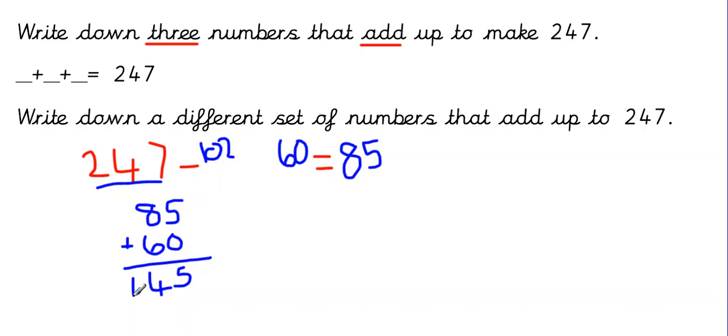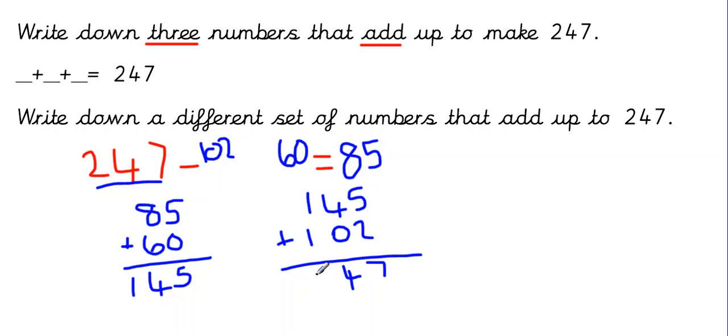You've got 145. So now I'm going to take 145 and I'm going to add my next number, which is 102. Okay, so 5 add 2 is 7, 4 add nothing is 4, and 1 add 1 is 2. So I get my answer of 247.